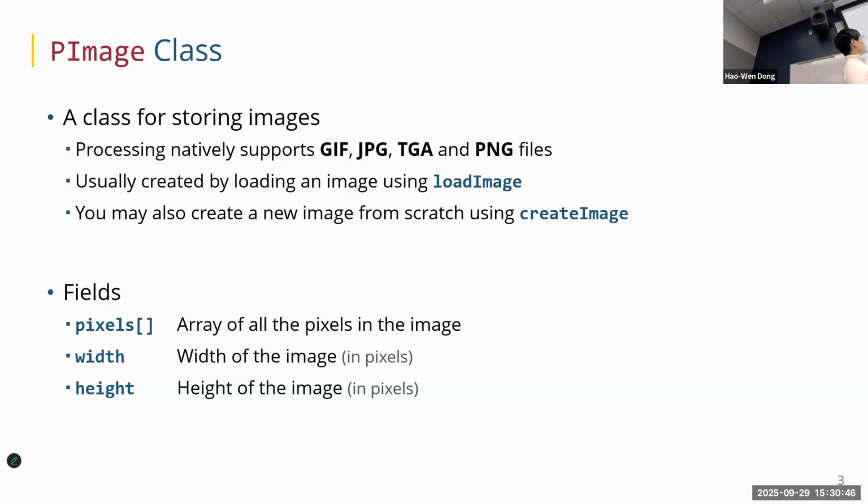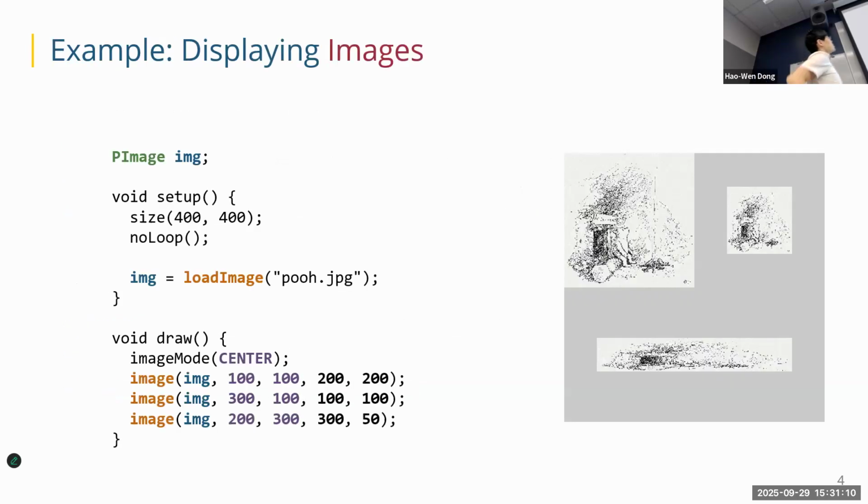Look at this bracket, meaning that it's an array. This is very tricky because it's actually a 1D array. An image is definitely not 1D in most cases, it's a 2D thing, but the internal pixels are actually stored in a 1D array.